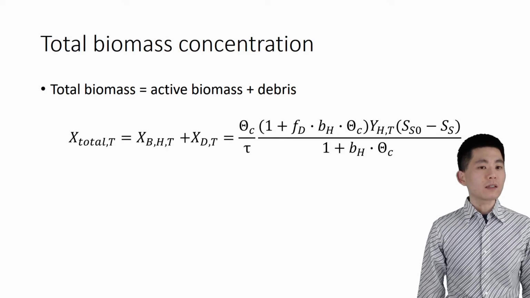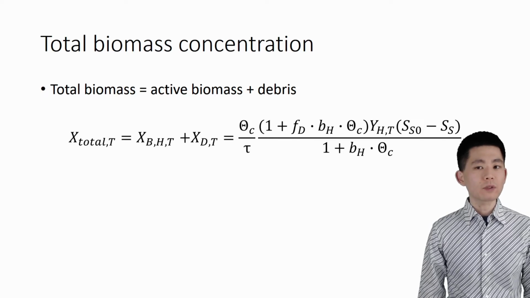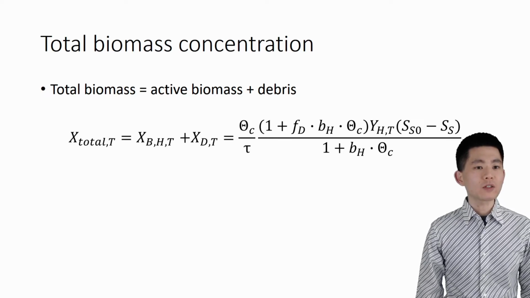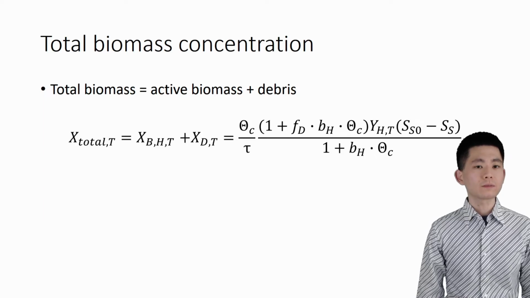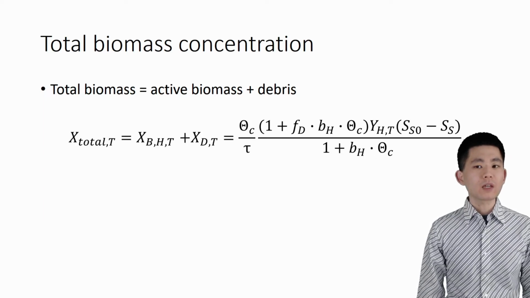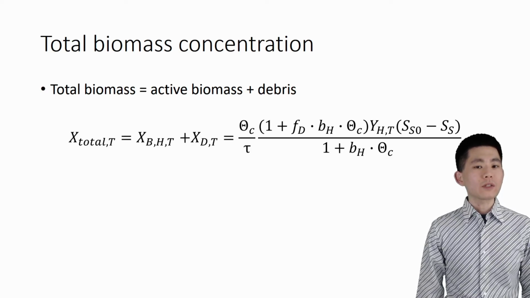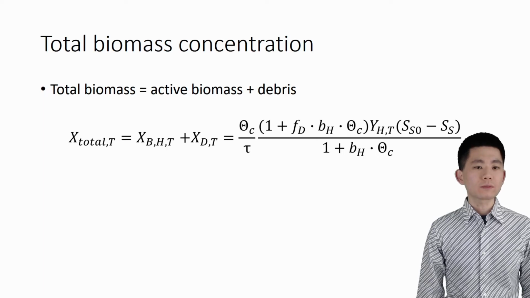Because in reality, it is difficult to measure the active biomass and debris separately, the TSS measurement includes both. So we introduce the total biomass, which is a combination of active biomass and debris. We can write its expression from previous equations.